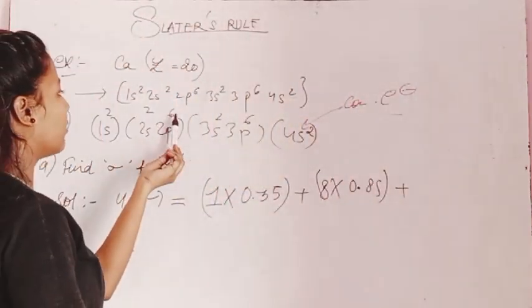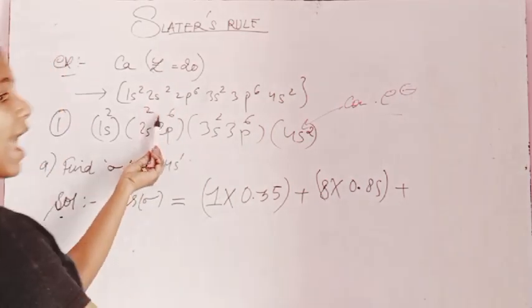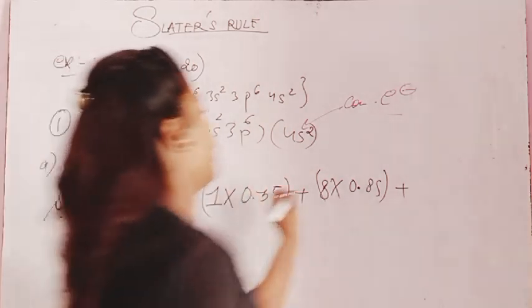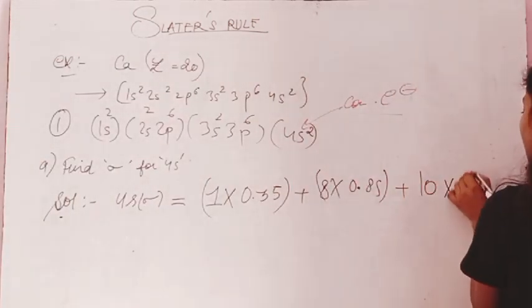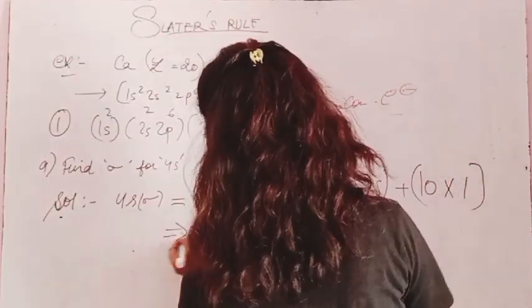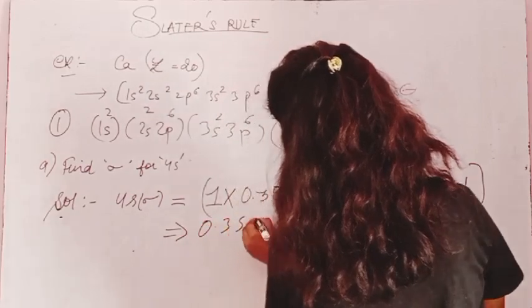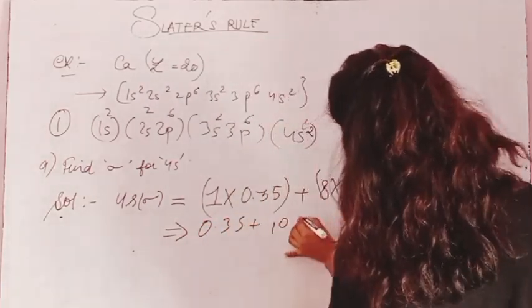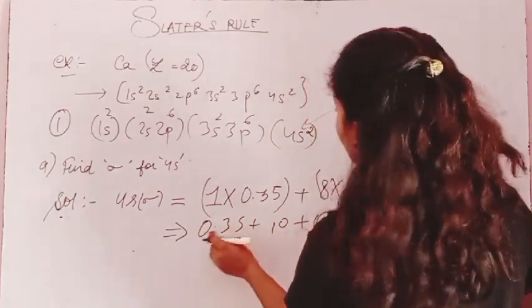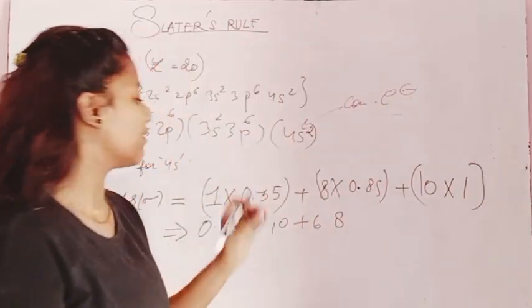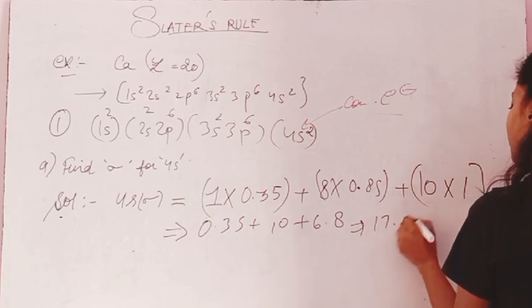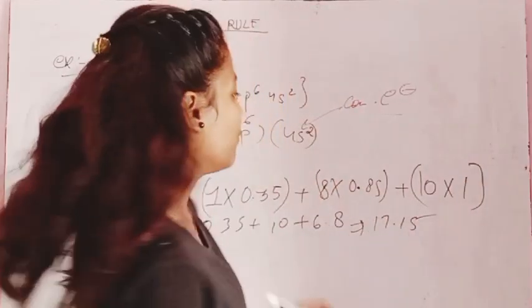So how many electrons does n minus 2 have? 6, 7, 8, and the included electrons are 2, so 6, 7, 8, 9, 10. What we have is 10 multiplied with 1. I'm going to solve it: 0.35 plus 10 plus 6.8, which gives you somewhat 17.15.